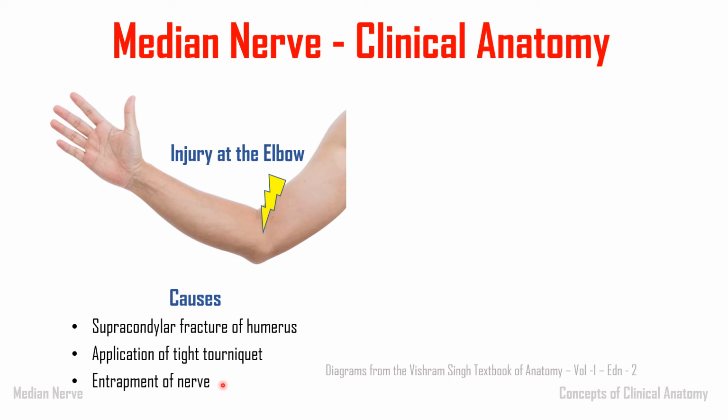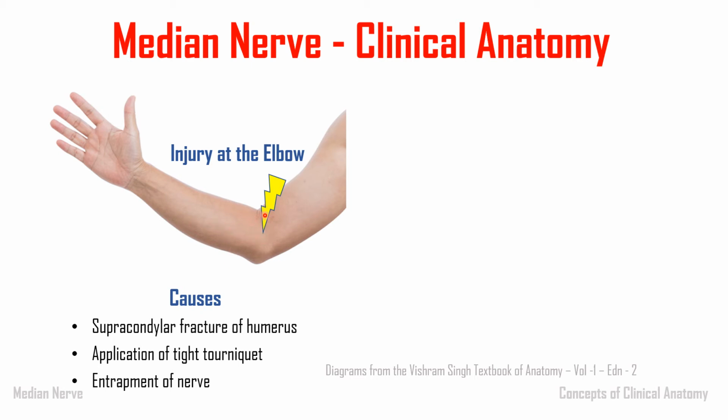Nerve entrapment is most commonly seen when it passes distal to the cubital fossa, that is, in between the two heads of pronator teres, or in the fibrous arch of the flexor digitorum superficialis when it goes deep to it.